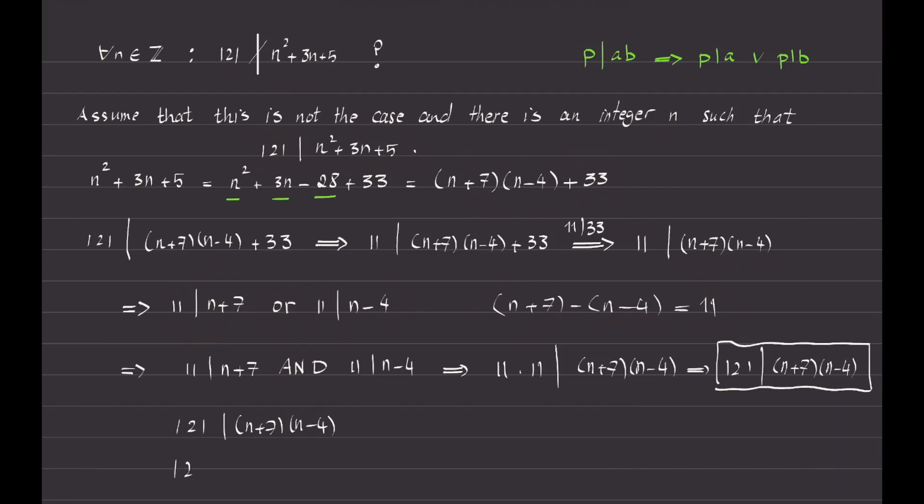On the other hand, based on the assumption, this is also the case. If two numbers are divisible by the same number, the difference between them should also be divisible by that number. So 121 should divide 33, but this is a contradiction.